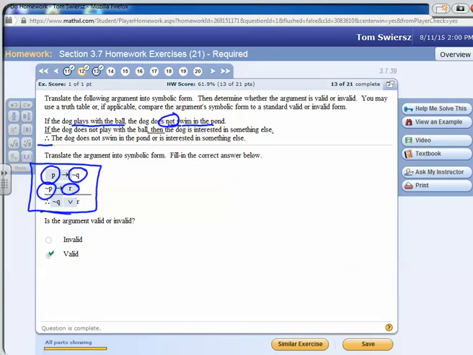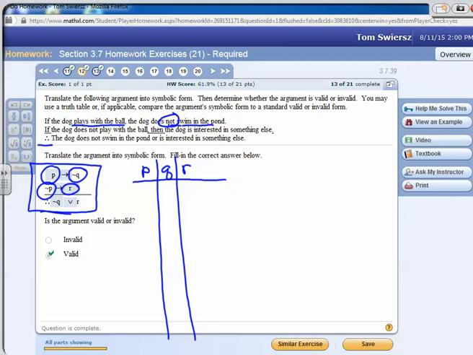Unfortunately, we don't have a form that is one of the four valid or invalid forms that it fits. So we'll have to go ahead and do a truth table. We have P, and unfortunately, it's going to be a little bit long, Q and R, because it's got three statements.